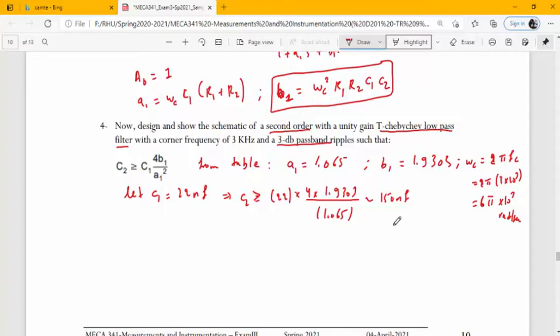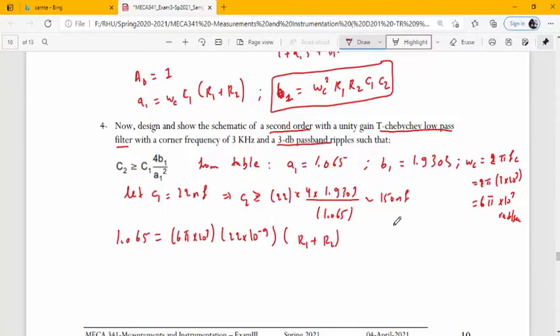The first one: A1, 1.065, is equal to omega C, which is 6 pi times 10 to the power 3, times C1, which is 22 times 10 to the power minus 9 farad, times (R1 plus R2).